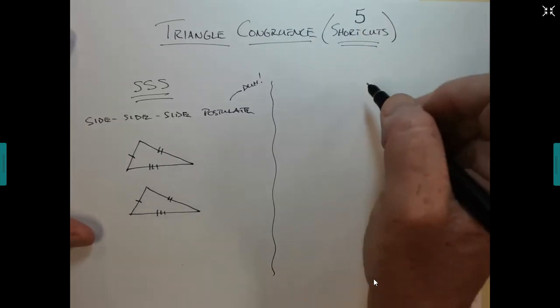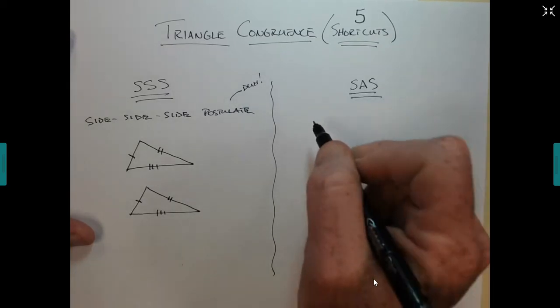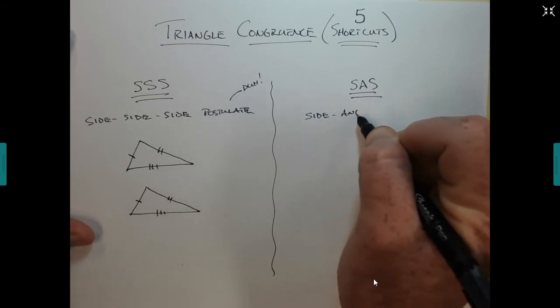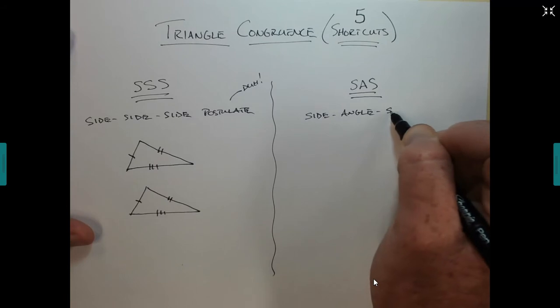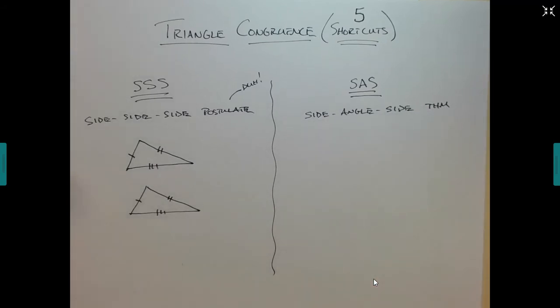All right. The next one is called SAS. Stands for the side-angle-side. This is a theorem, so this one's a little bit less obvious, but can be proven.